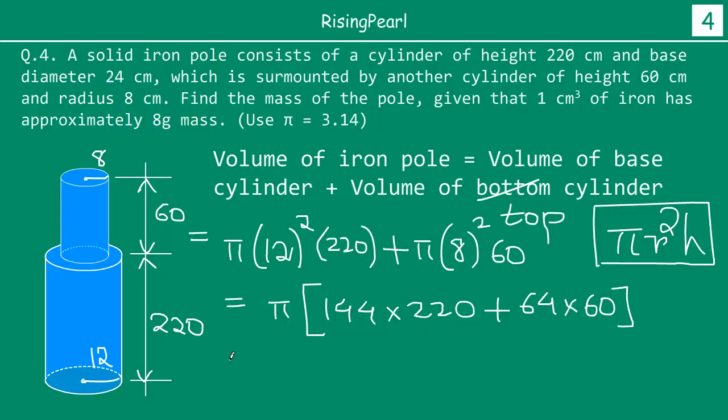I'm not going to actually do this calculation, and it has been said in the question, use pi equals 3.14. So if you put pi equals 3.14 and find it, you will get a number, and let's call that x.